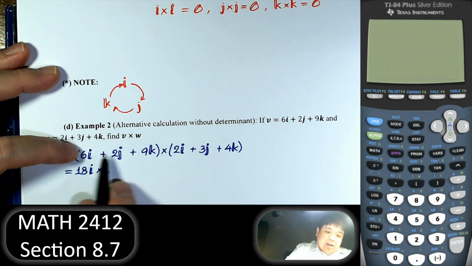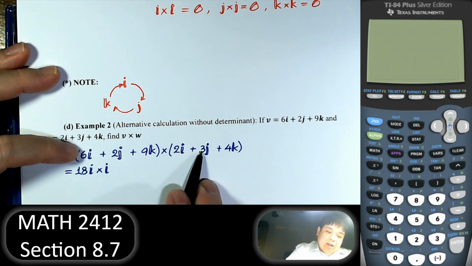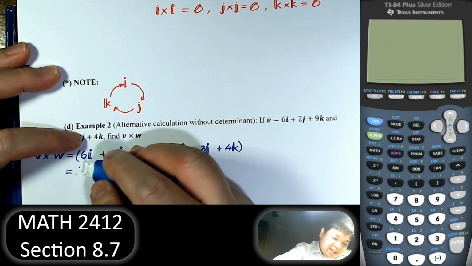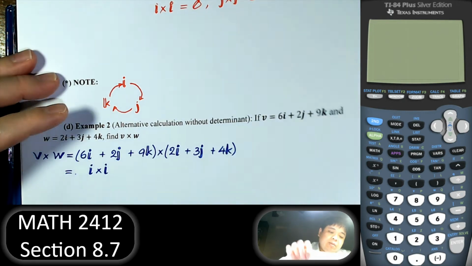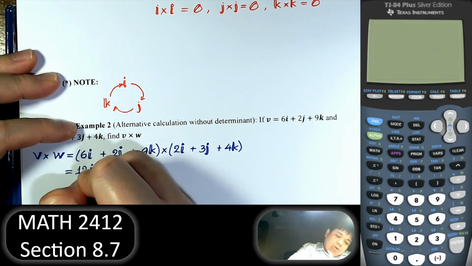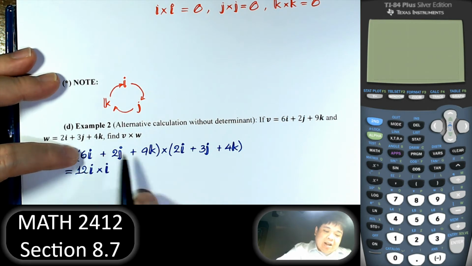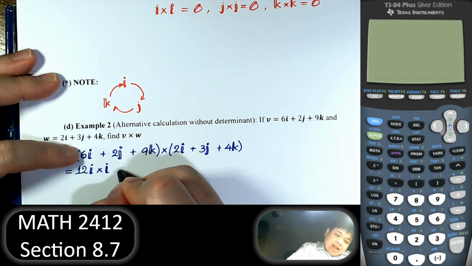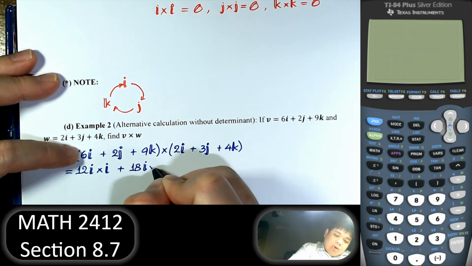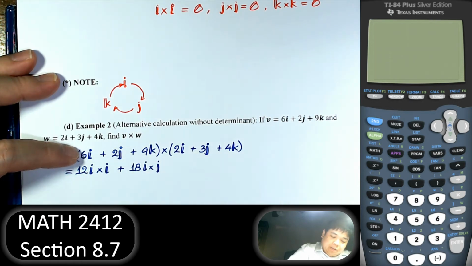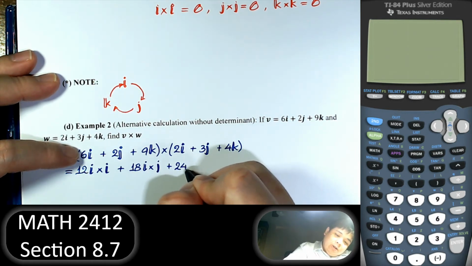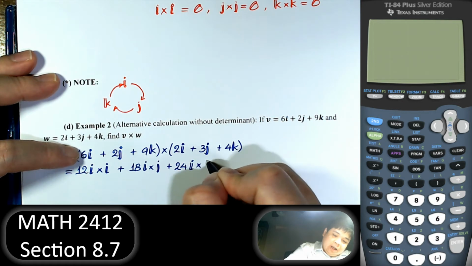Right, 6i and 3j, that gives us 18 i cross j. 6 times 4, 24 i cross k.